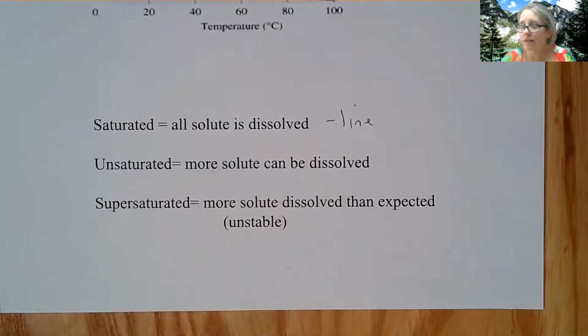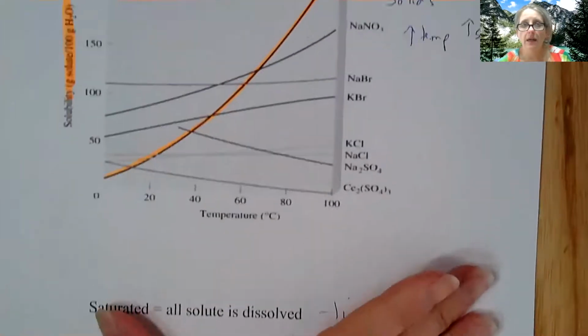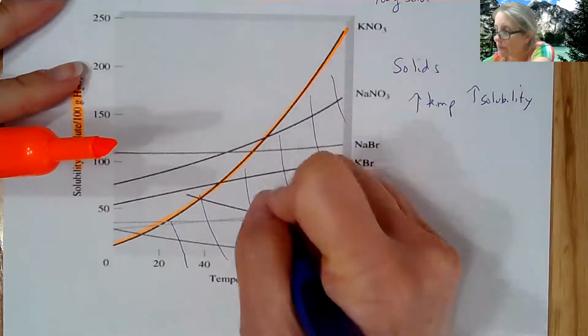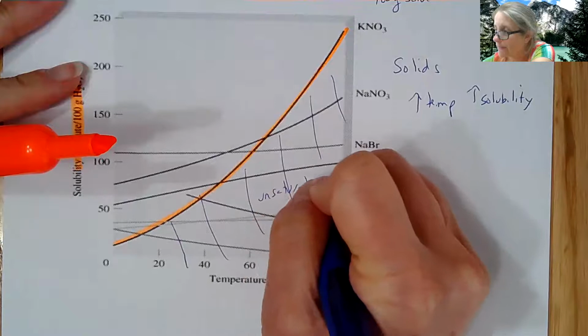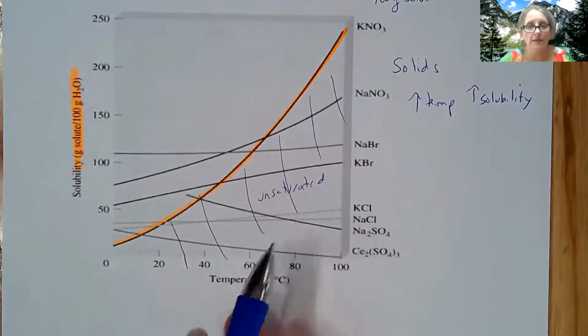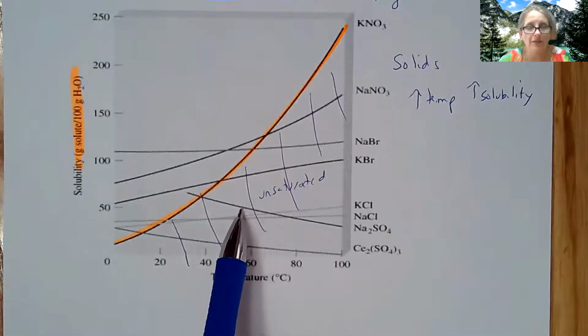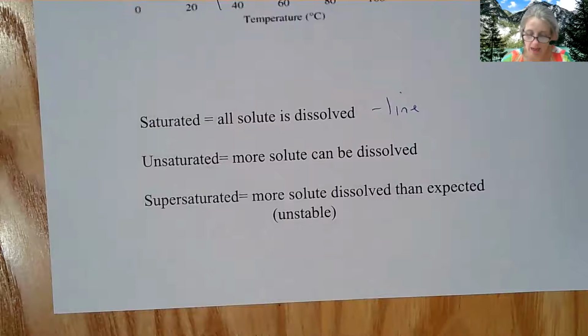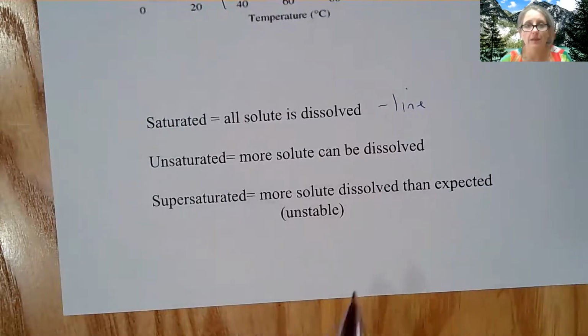Unsaturated means more solute can be dissolved. Technically speaking, that's going to be anything underneath this curve. So that's unsaturated, any place below that. So if I'm at 60 degrees Celsius and I have 50 grams in there, that's considered to be unsaturated, meaning more solute can be dissolved.